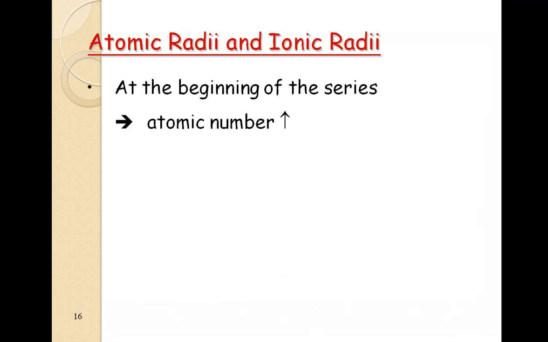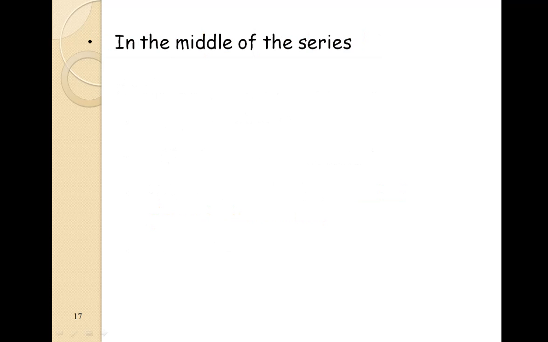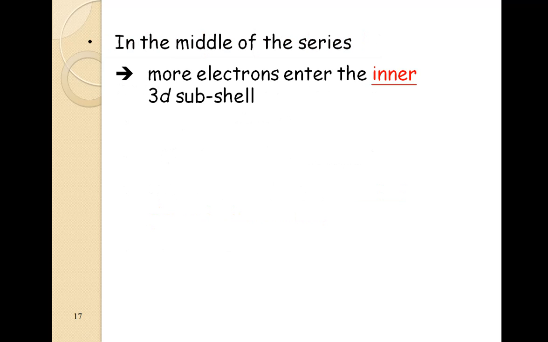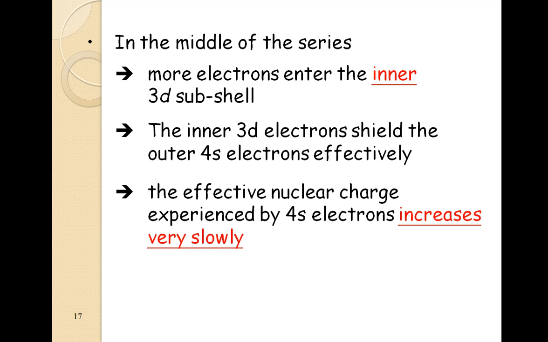So you can see in the beginning of the series, atomic number increases, effective nuclear charge increases, electron clouds are pulled closer to the nucleus, so atomic size decreases. In the middle of the series, as more electrons enter the inner D subshell, inner D electrons shield the outer 4s electrons effectively.